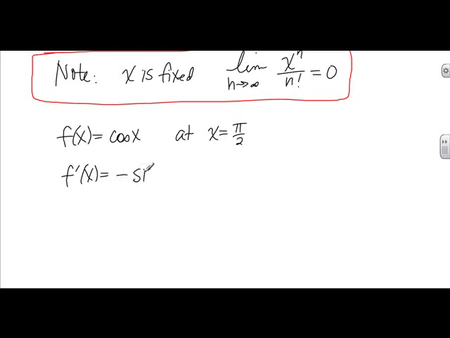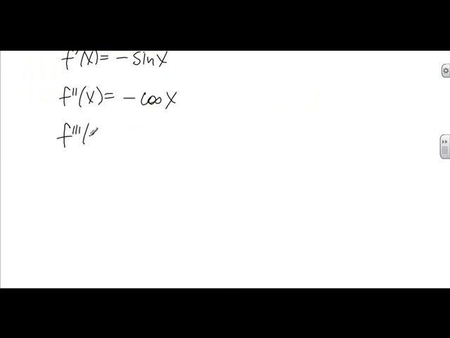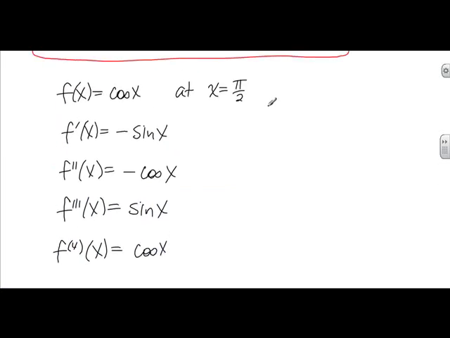The second derivative is negative cosine of x. The third derivative is sine of x. The fourth derivative is cosine x, and we could go further if we have to. We need to evaluate at pi over 2. Cosine of pi over 2 is 0. Sine of pi over 2 is 1, so the first derivative has a value of negative 1. Cosine of pi over 2 is 0. Sine of pi over 2 is 1. Cosine of pi over 2 is 0.